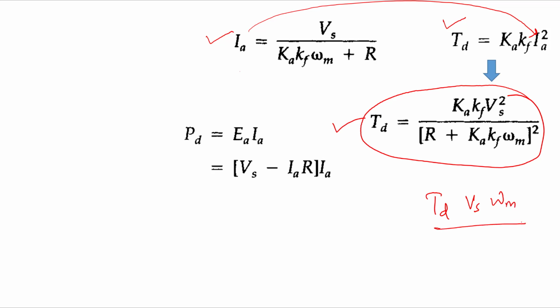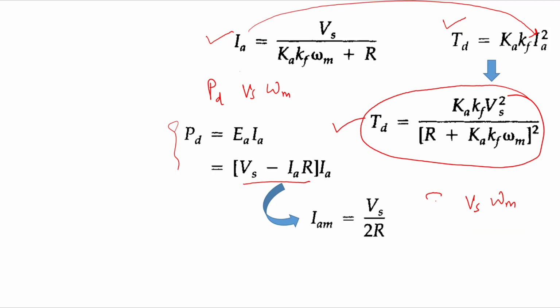And again for PD, if I want to draw PD versus omega m, then I need to find PD in terms of omega m. PD I know is Ea Ia, so substituting Ea as Vs minus IaR, into Ia, I get this equation.